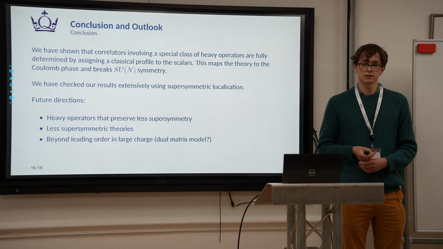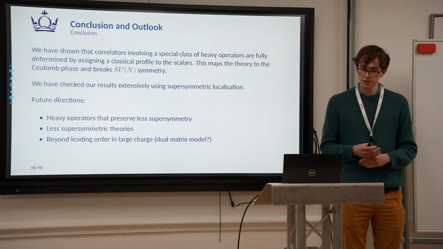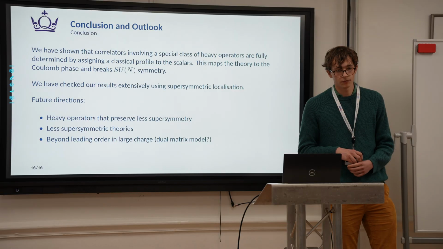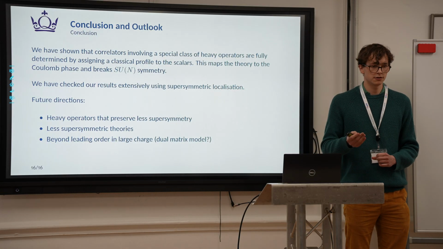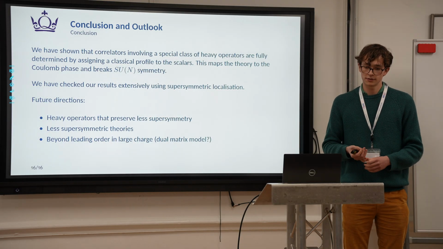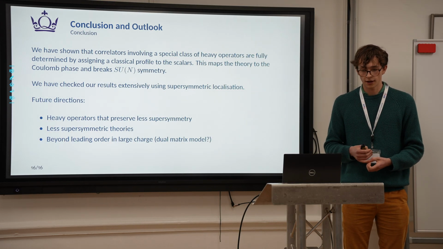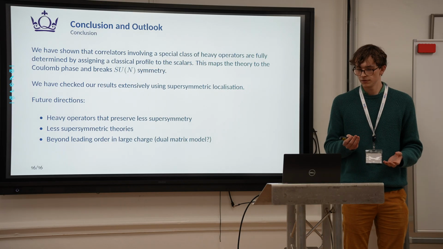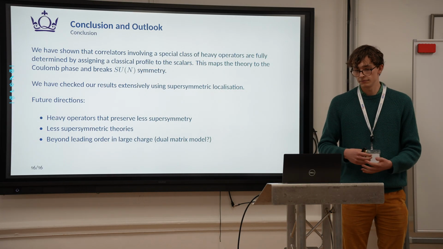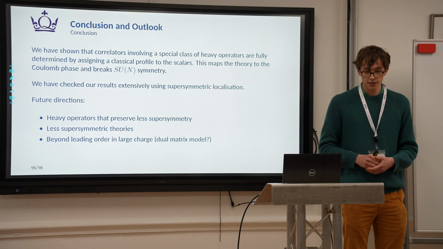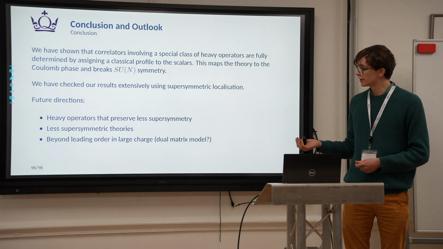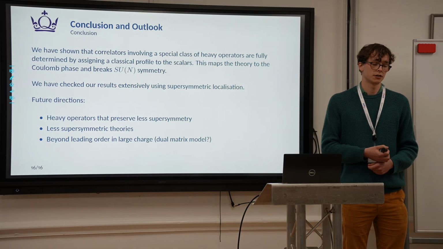They're not related to the supersymmetric localization matrix models, but there are some other kinds of matrix models which have been found for, I think, SU(2) and SU(3), where you can calculate these correlators. We don't know any extension of those to SU(N) currently, but it seems reasonable that they might exist. And if we could do that, then we can go beyond large charge.